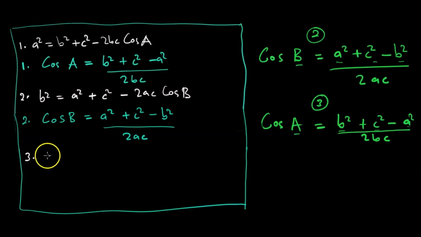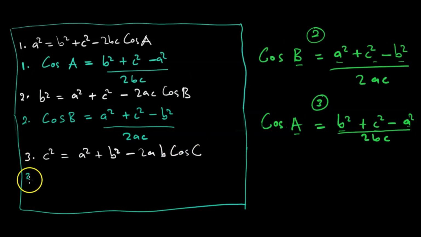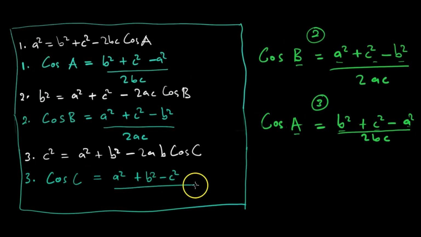Pekupedzisira pa number 3, tina c squared is equal to a squared plus b squared minus 2ab cos c. Then lastly, inogona kunyorwawo zvakare yakati cos c is equal to a squared plus b squared minus c squared over 2ab.